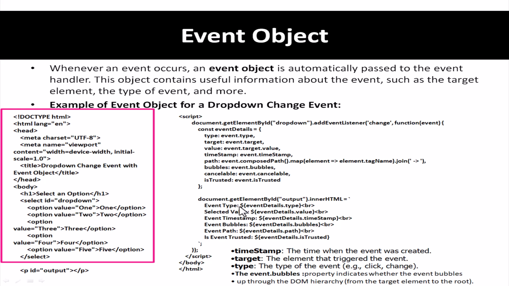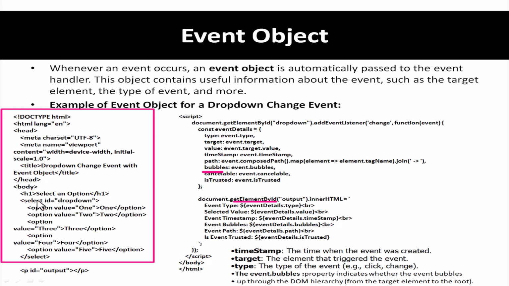Here we are also using bubbles. Bubbles is a property which indicates whether the event bubbles up through the document object model hierarchy, so that it starts from the root element. Here we are going to get the element based upon the id.